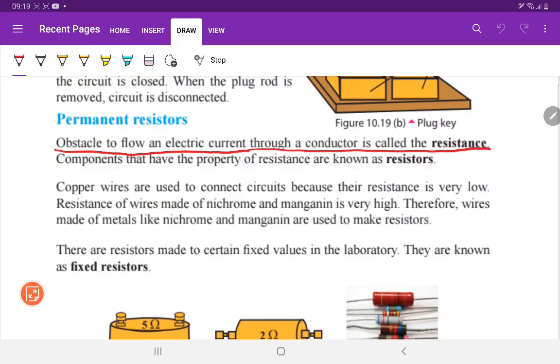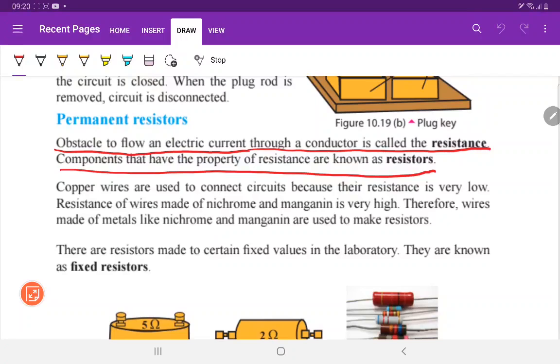Components that have the property of resistance are known as resistors. So copper wires are used to connect circuits because their resistance is very low. Copper wire is a good conductor of electricity because its resistance is very low.